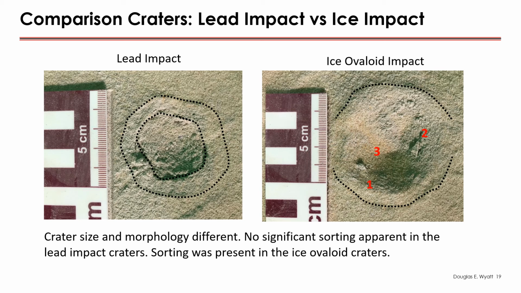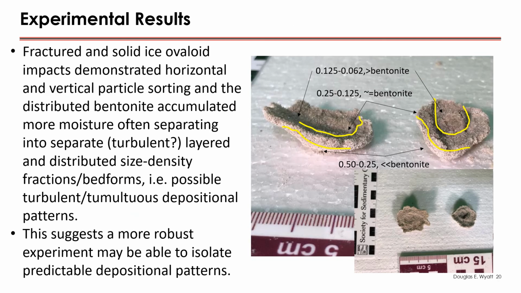I went to great trouble to fully homogenize this lunar simulant that I was using after every impact. So after every impact with ice ovoids, I got this sorting pattern. The pattern varied by impact, but it was always this 1, 2, 3 pattern that looked like this.